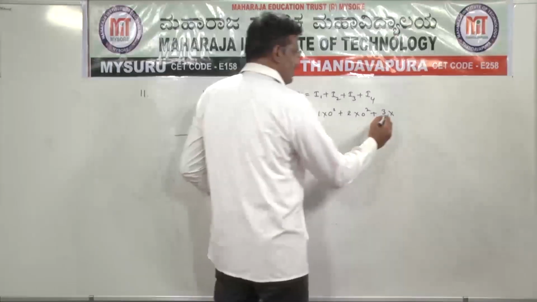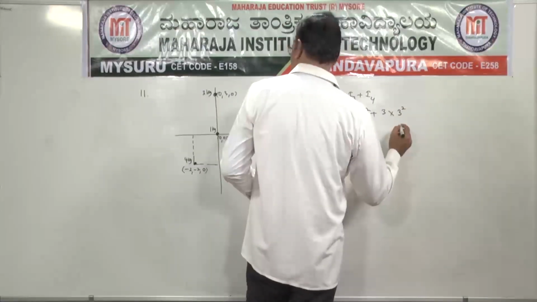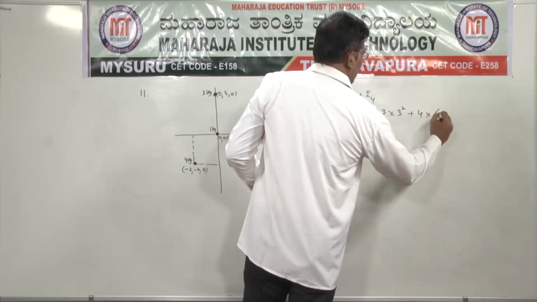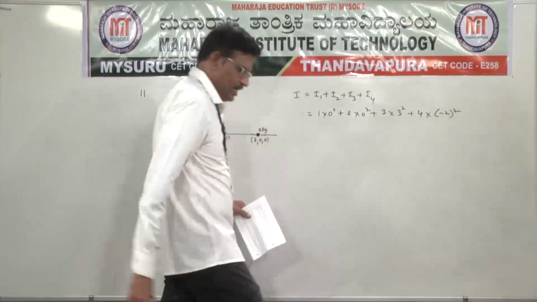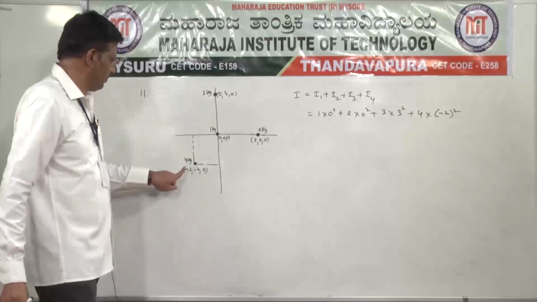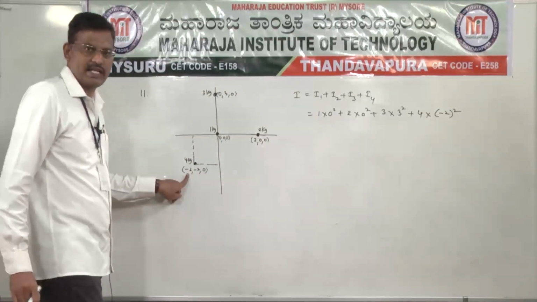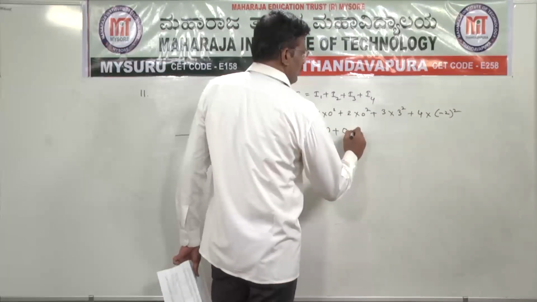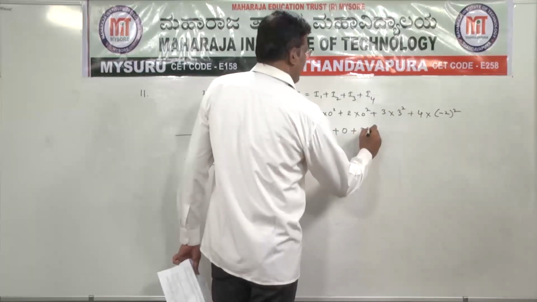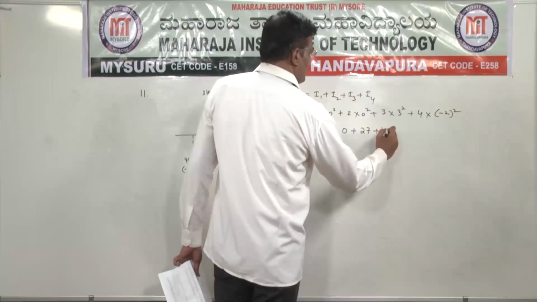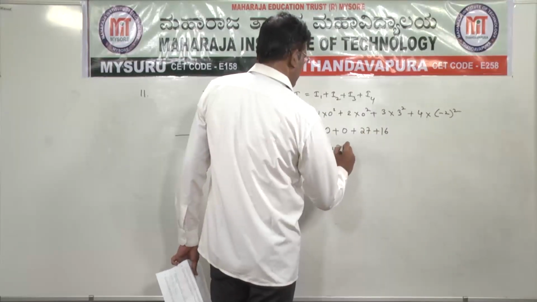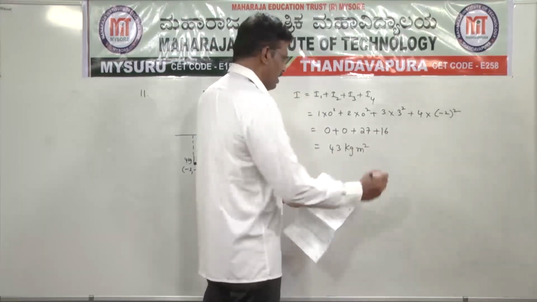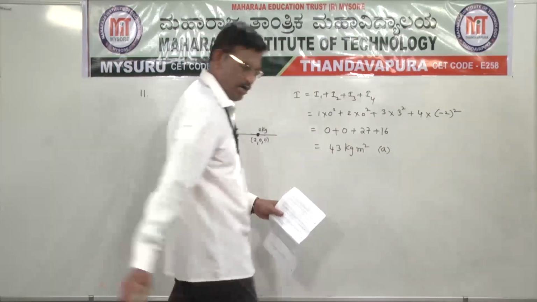So r is equal to 3, 3 into 3 square, plus the fourth one is 4 into minus 2 whole square. The 4 kg mass is at a distance of minus 2 meters from the x-axis. So therefore 0 plus 0 plus 27 plus 16. So our answer is 43 kg meter square. That is option A, the right option.